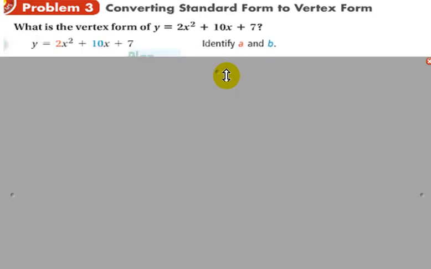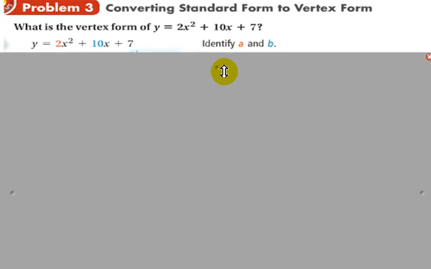So what we have to do is get our x and y value. Remember in our vertex form, what was that equation? It was f of x or y equals a times x minus h squared plus k. So which one was x and y?